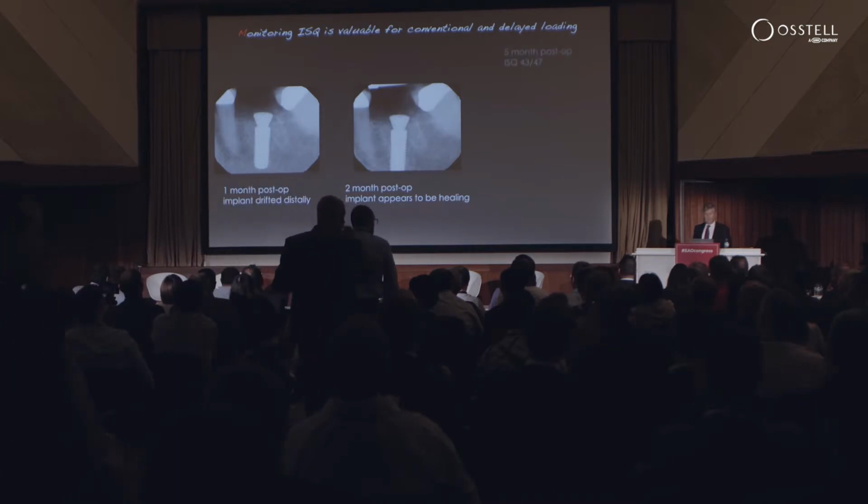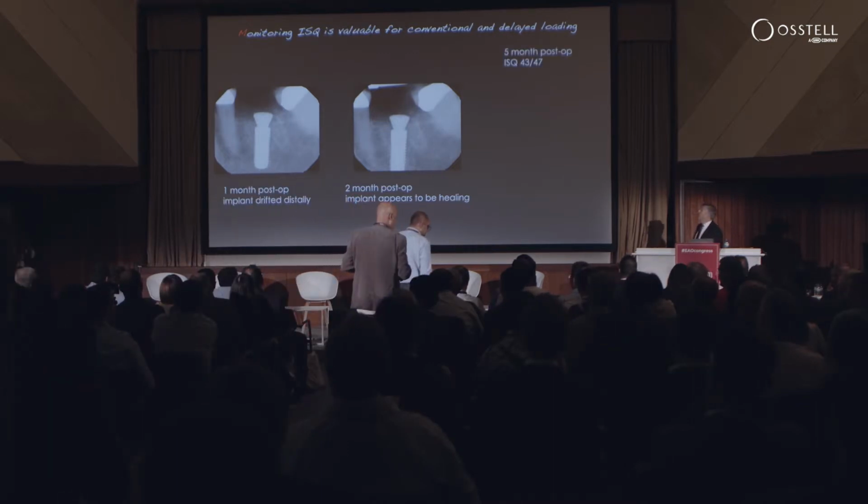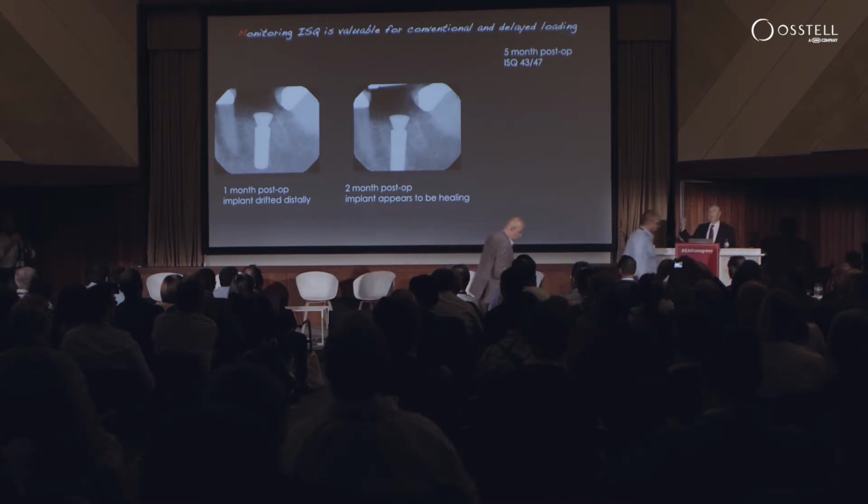And then she goes a few more months, and at 5 months, she has an ISQ of 43/47. Let's vote again. What do you do? Do you take it out? Do you take it out and graft the socket?